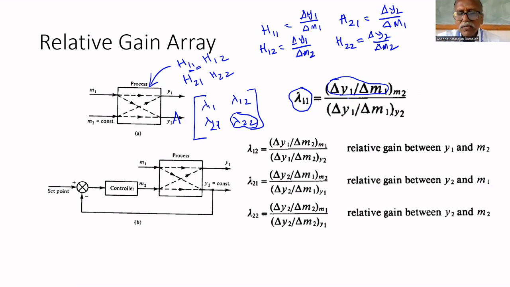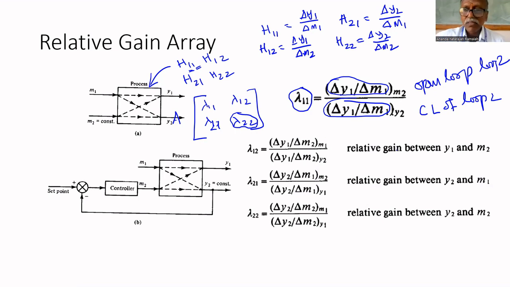Another one is divided by change in Y1 for change in M1, same quantity, but keeping Y2 constant. It means this is open loop, and this is closed loop of loop 2, open loop of loop 2.